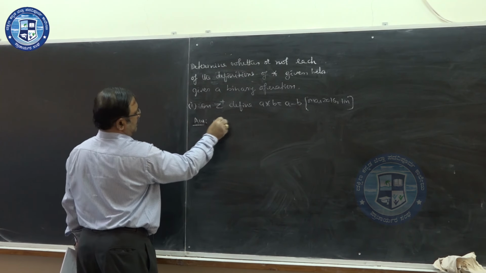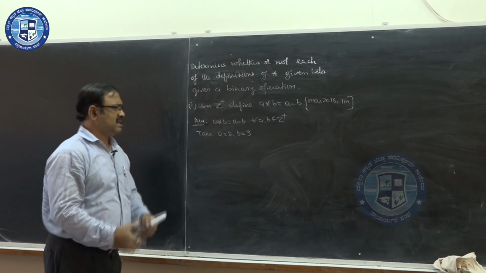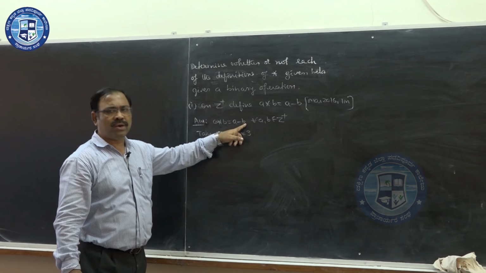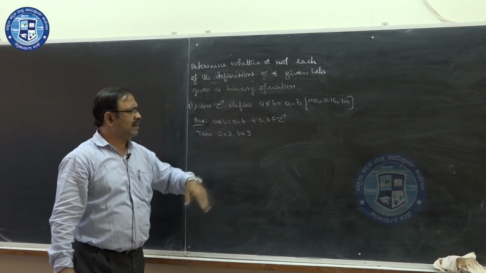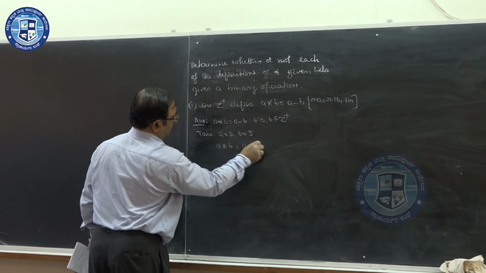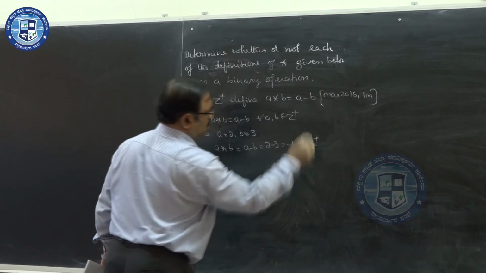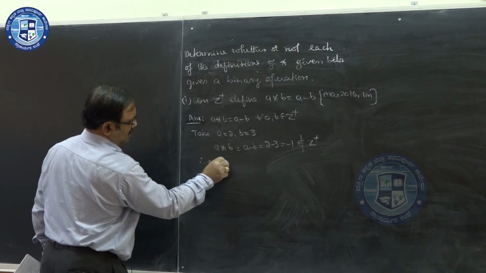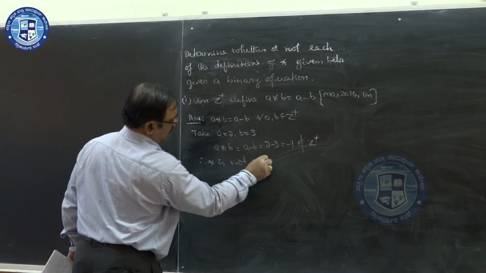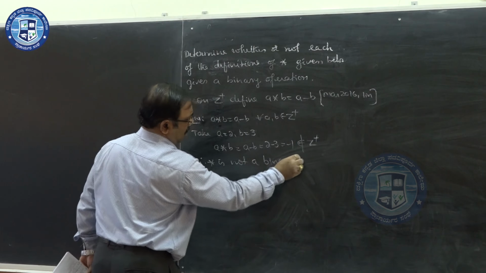Suppose if you take A equal to 3, B equal to 2, then 3 minus 2 is 1, it belongs. But we have to verify it for all possibilities. So you take A equal to 2, B equal to 3. Then what is A star B? A minus B, 2 minus 3 is minus 1, which does not belong to Z plus. Therefore, star is not a binary operation.